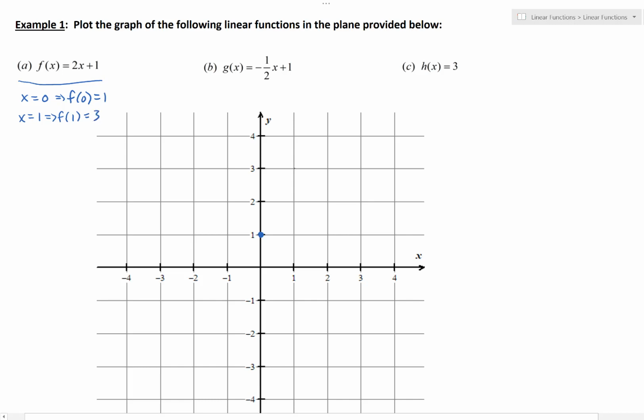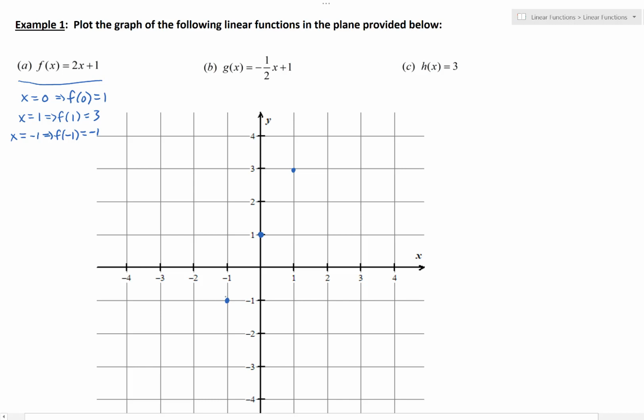So (1, 3) is part of this graph. And let's pick a negative value too. How about when x is -1, then f of -1 is 2 times -1, which is -2, plus 1 is -1. So at -1 for the input, the output is -1.